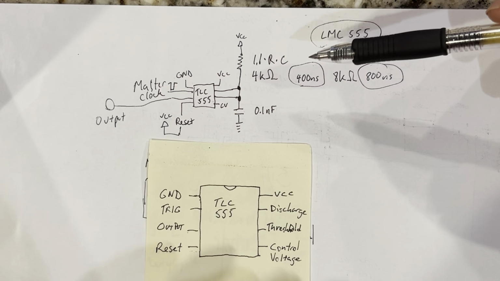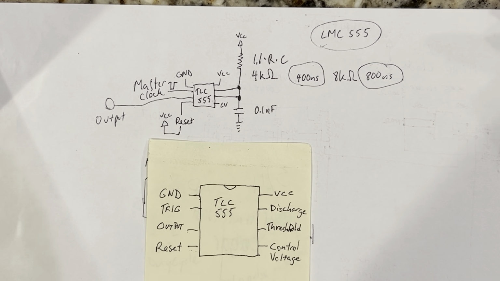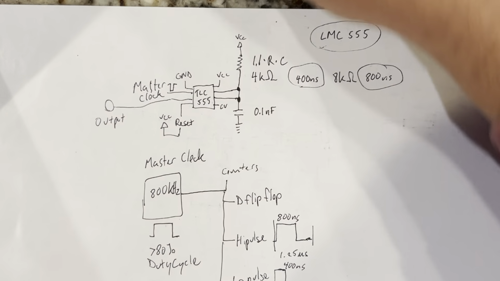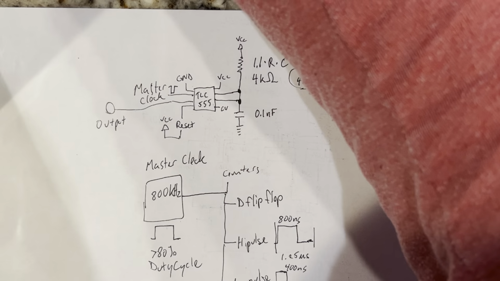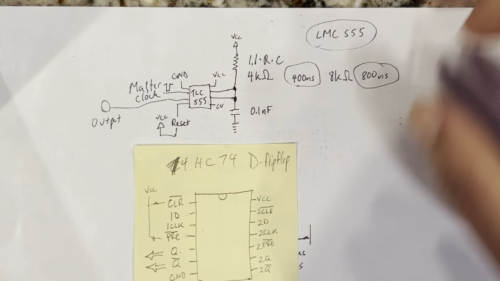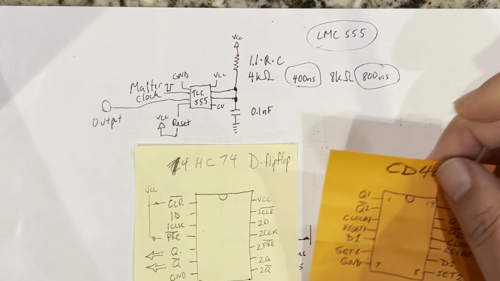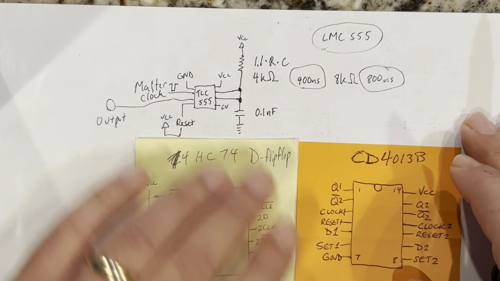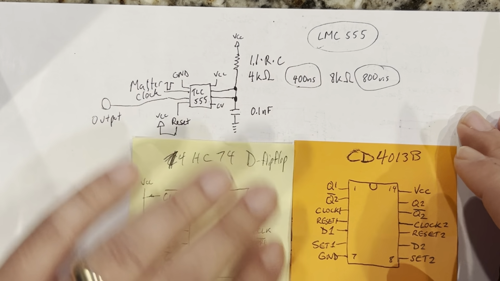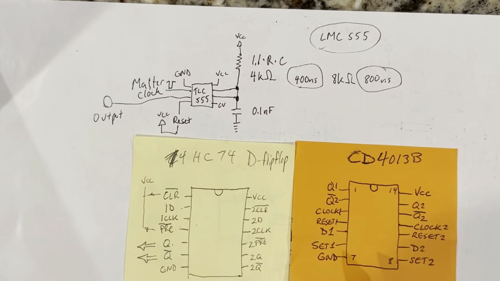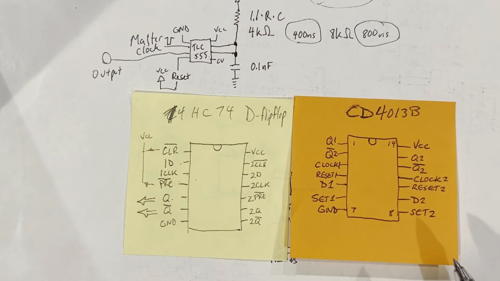But then when I ordered flip-flops, I ordered 2 different flip-flops. I had a 74HC D flip-flop, and I got CD4013 flip-flops that I used for a different project. I used one flip-flop from each for different projects, but they come in like 10.